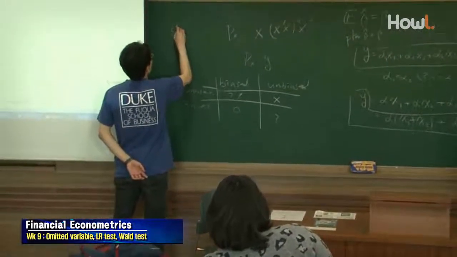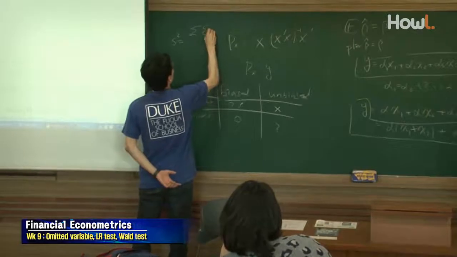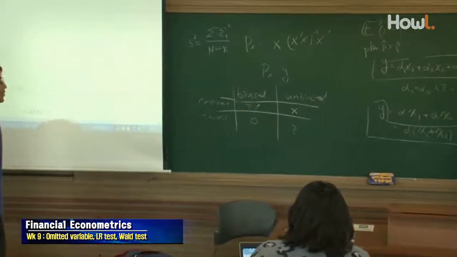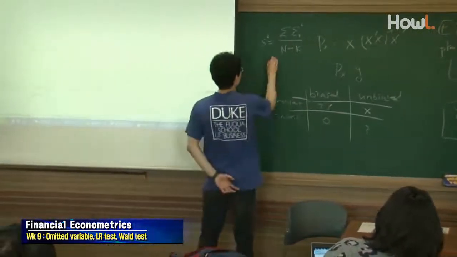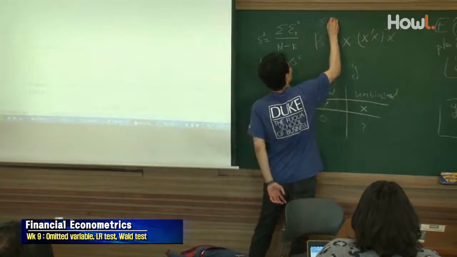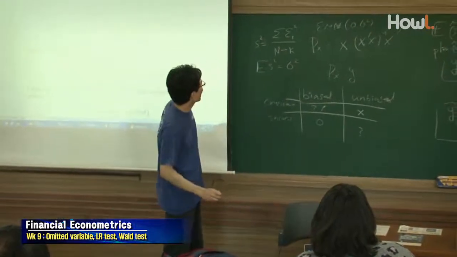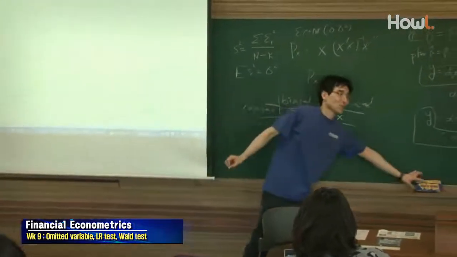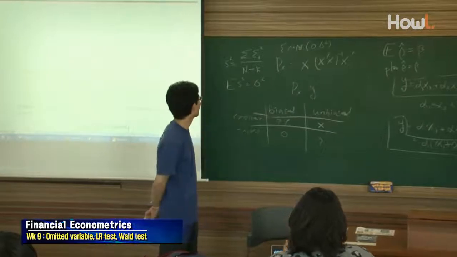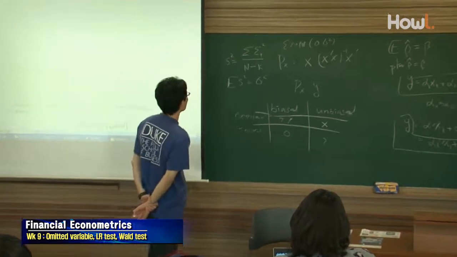So the unbiased estimator of sigma squared, where we assume epsilon has variance sigma squared, divides by n minus k, where k is the number of variables including the constant.